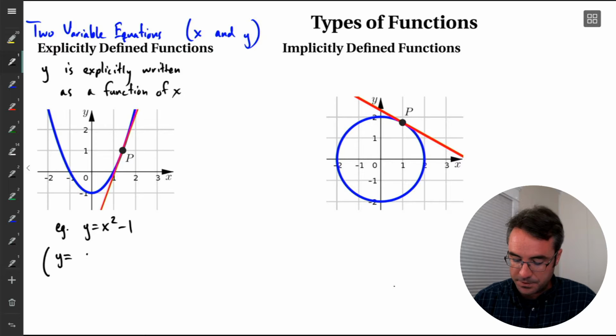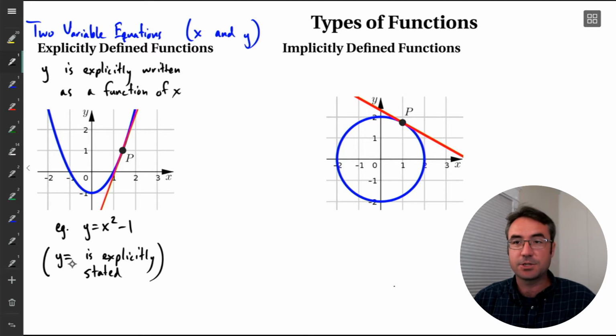So y equals is explicitly stated here in our equation. We're saying what y is actually equal to, and it's equal to this function of x. All right, so that's an explicit function.